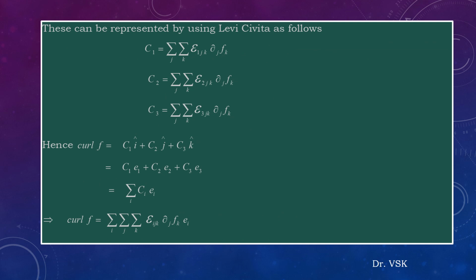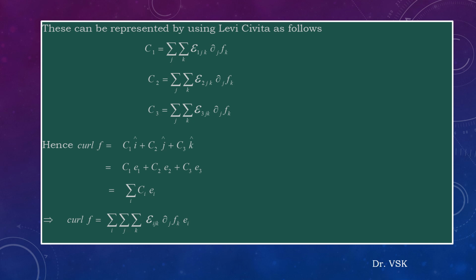Let me represent the components C1, C2, C3 of the curl F by using the Levi-Civita tensor. How to represent the components C1, C2, C3 by using the Levi-Civita? Let us see. The first component C1 of curl F can be rewritten as C1 equals sigma over j, sigma over k, epsilon sub 1jk ∂j Fk.